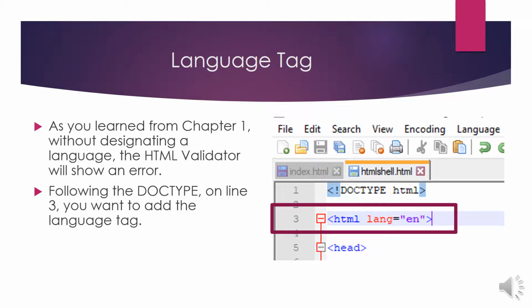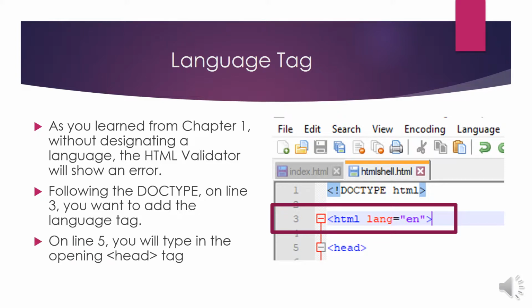To write the language tag, we'll use the left angle, followed by HTML, that is your tag, space, and then you have your language attribute, lang equals, and then you have the attribute value, which is in quotation marks, en, which stands for English. Then you will close it out with a right angle.